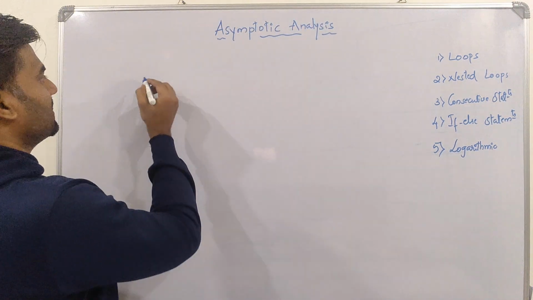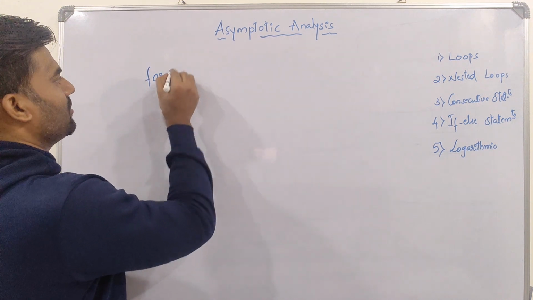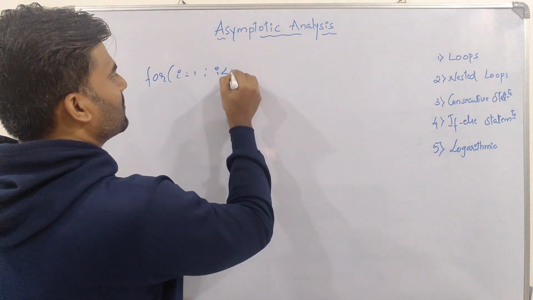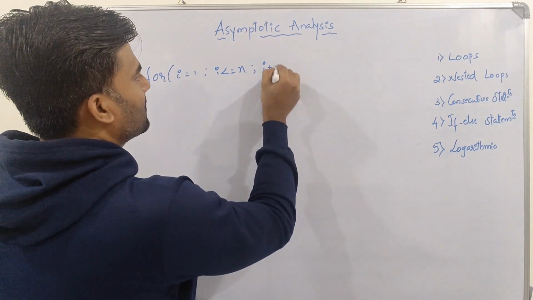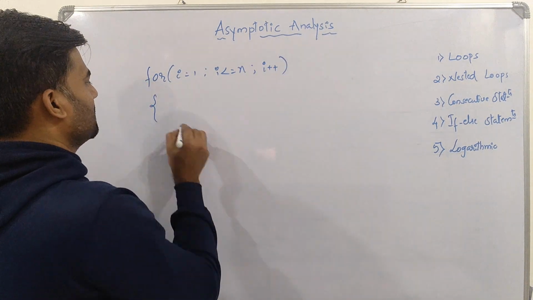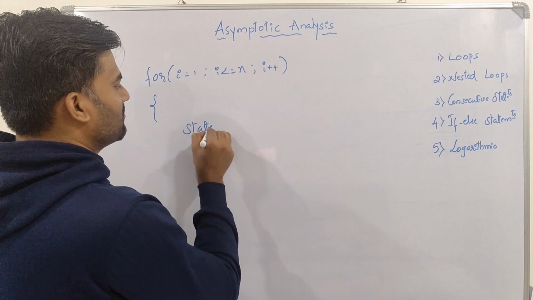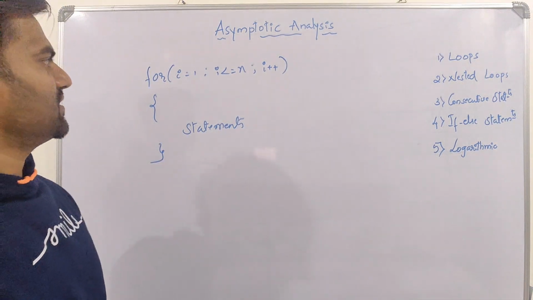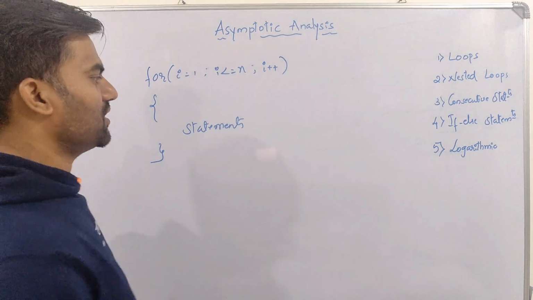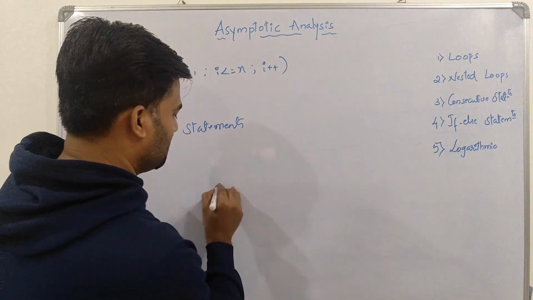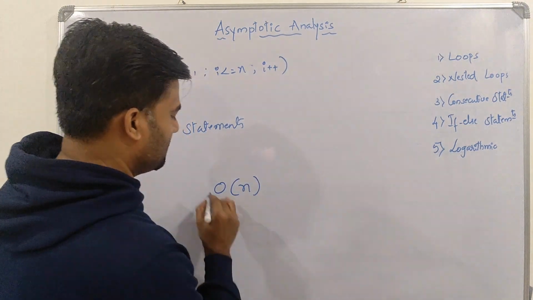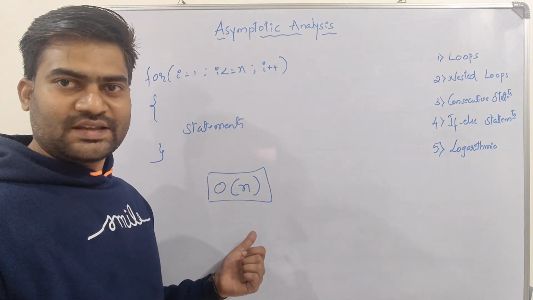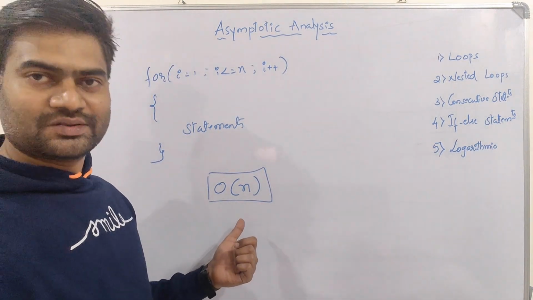So if we consider, say for example, for i equal to 1, i less than or equal to n, i plus plus, then we execute some statements here. How this one works we have already seen in previous videos.